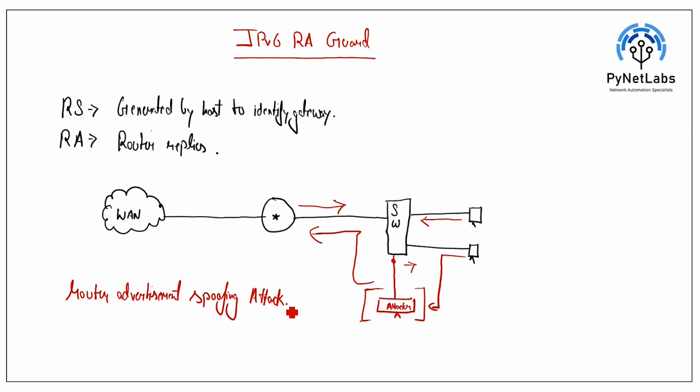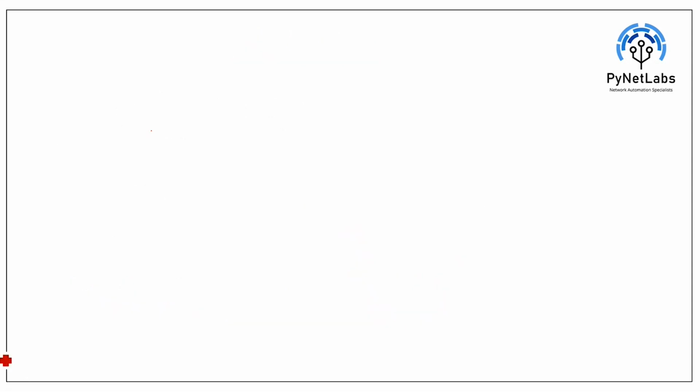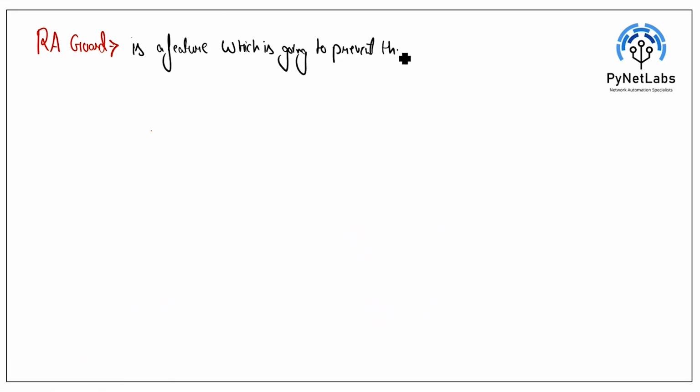Let me write the point. This RA Guard is a feature which is going to prevent router advertisements and spoofing attacks. So this is what is going to help us out.